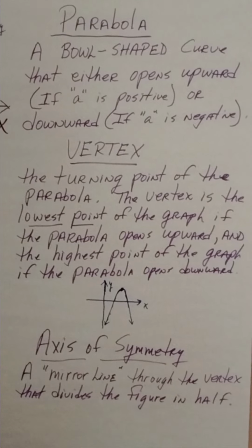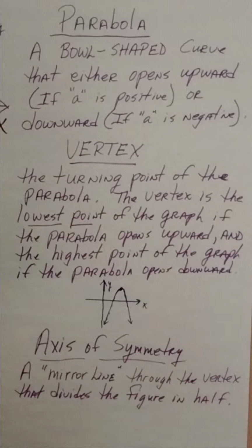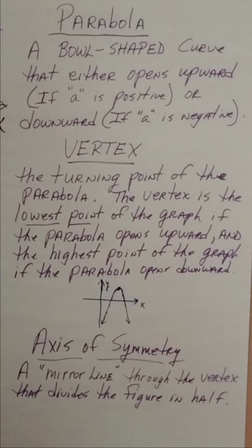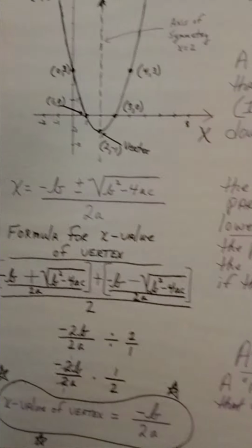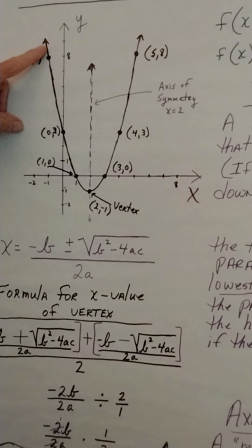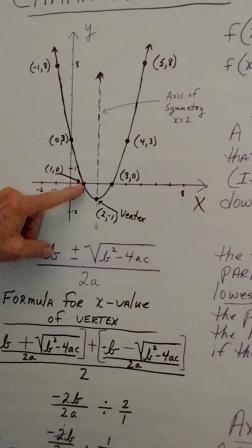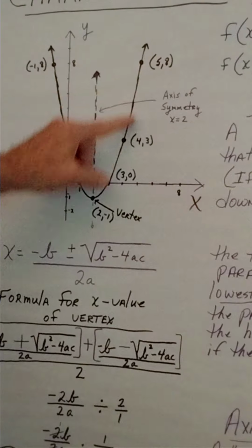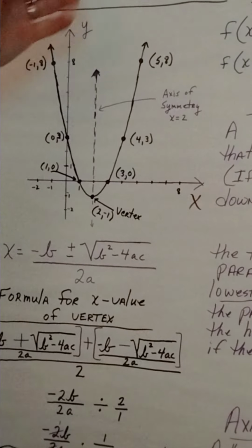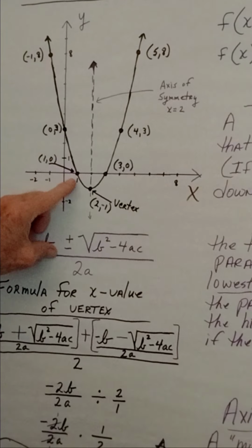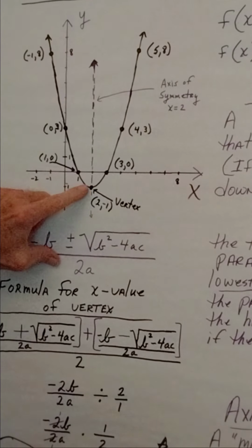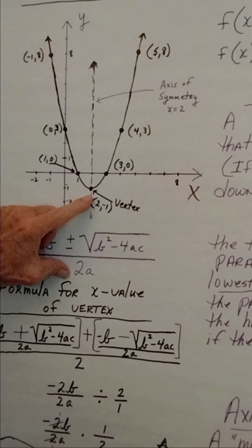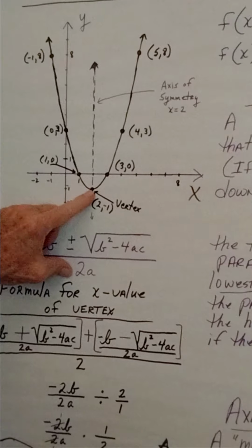The vertex is the turning point of the parabola. Notice this bowl-shaped curve that in this case opens upward. The turning point of this parabola is this point right down here at the bottom.